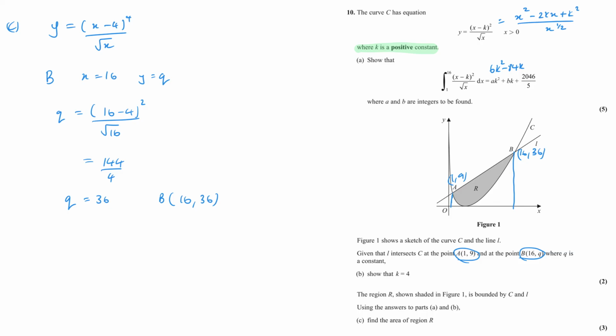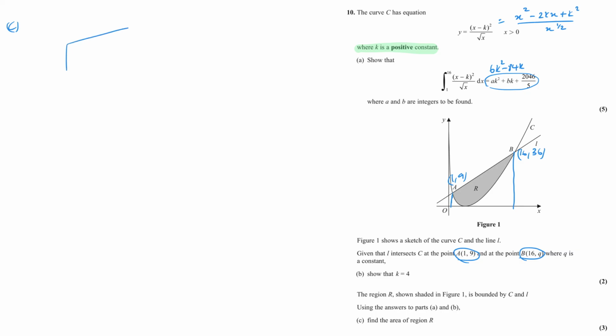Okay, and we've already got this from part A, wasn't it? So that's the area under the curve. So it's this area here. So this area of this trapezium minus the area there will give me this shaded area here. So I've got a trapezium.